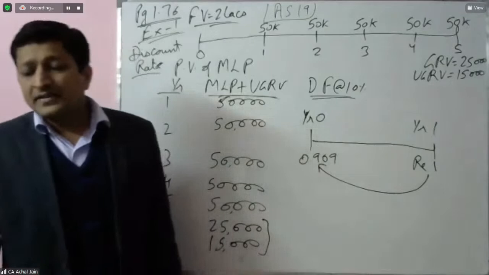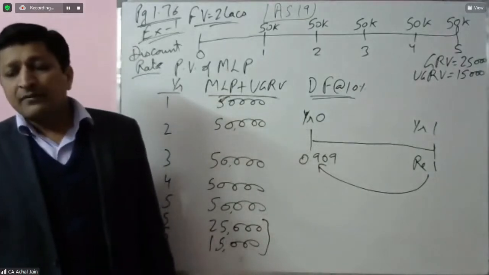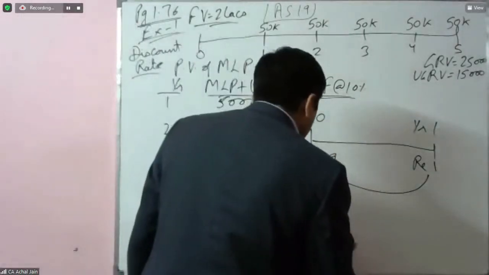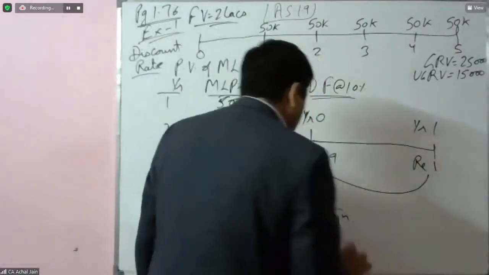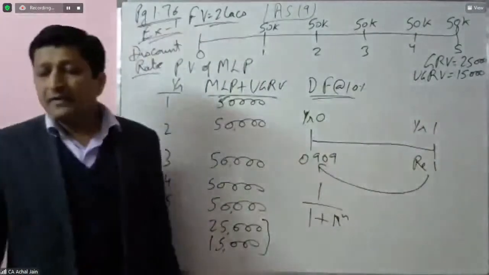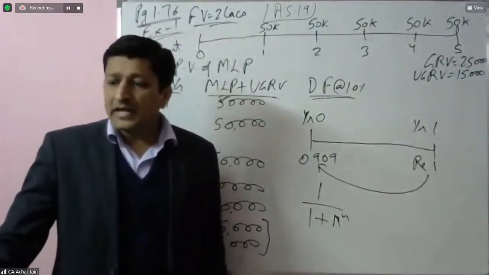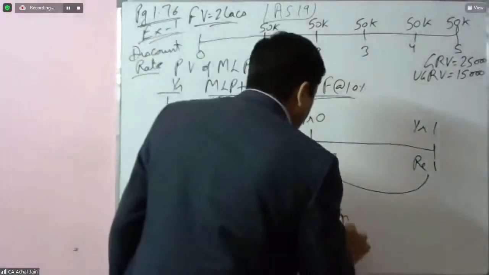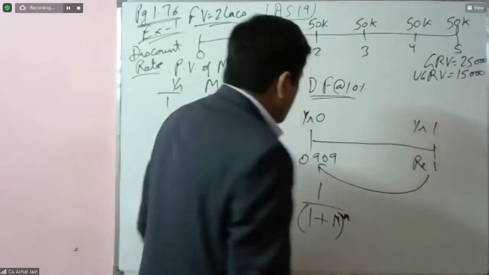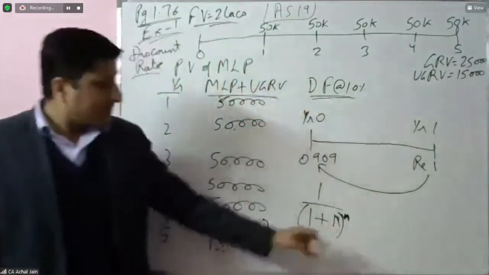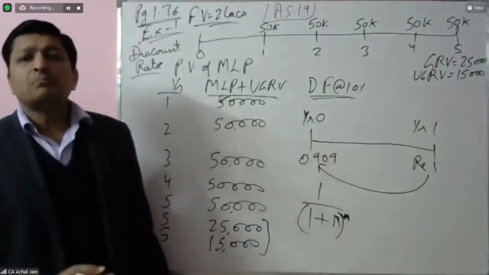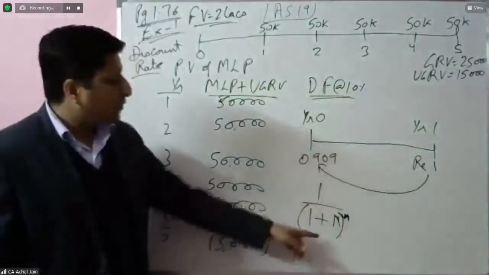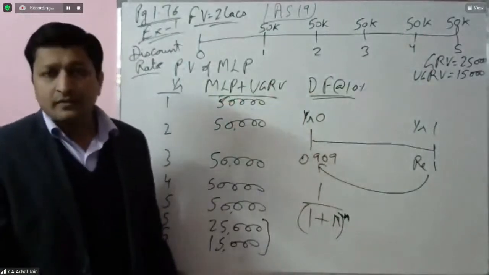Otherwise, you can also apply the formula 1 divided by 1 plus r raised to the power n, wherein r is the rate of interest and n is the number of periods. In this case, number of period is only 1. So if you apply this, you will get 0.909.